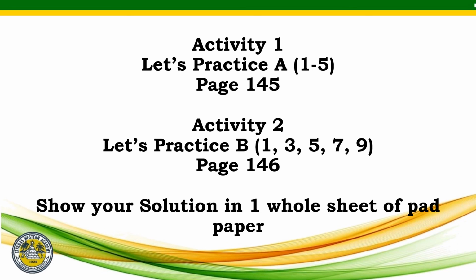In activity number 2, let's practice letter B. Page 146, ang sasagutan nyo doon ay number 1, number 3, number 5, number 7, at number 9. So, yun yung pinaka-activity number 2 ninyo. Okay, let's practice letter B. Numbers 1, 3, 5, 7, and 9, page 146.